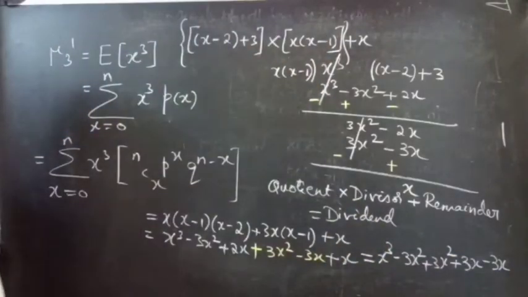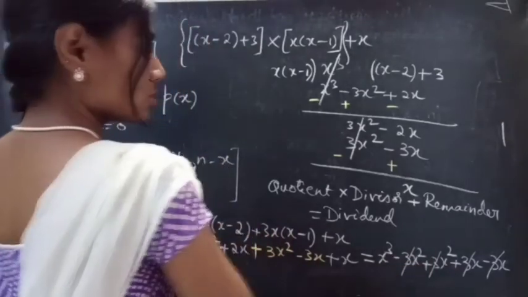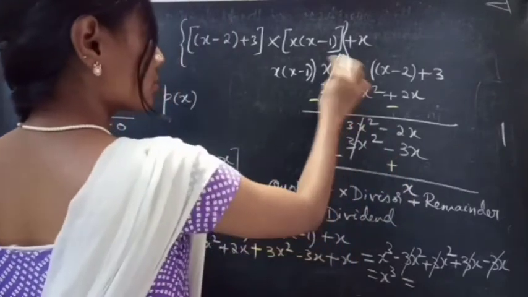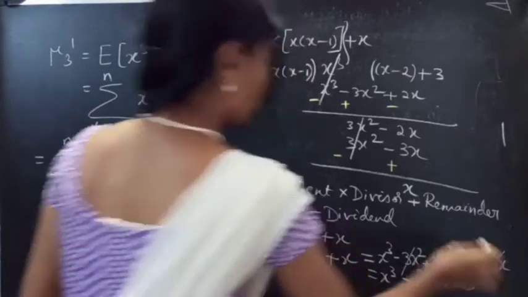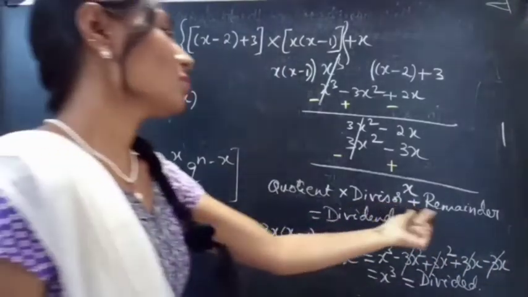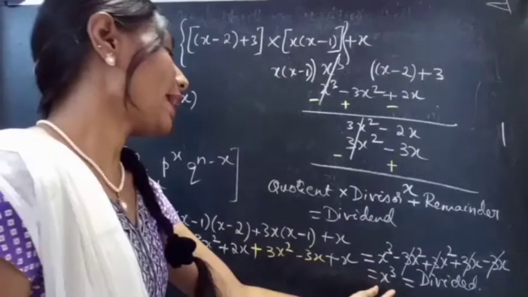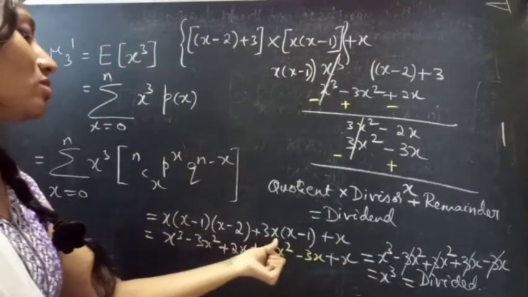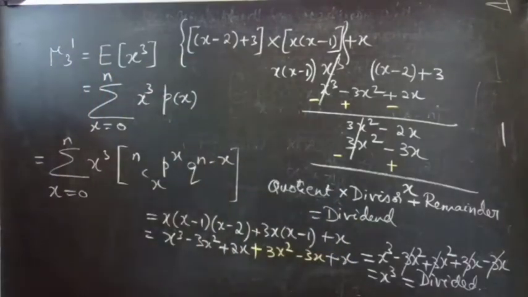Now cancel them, and this equals x cube, which is our dividend. Since dividend equals quotient into divisor plus remainder, we can write x cube as x into x minus 1 into x minus 2 plus 3x into x minus 1 plus x.